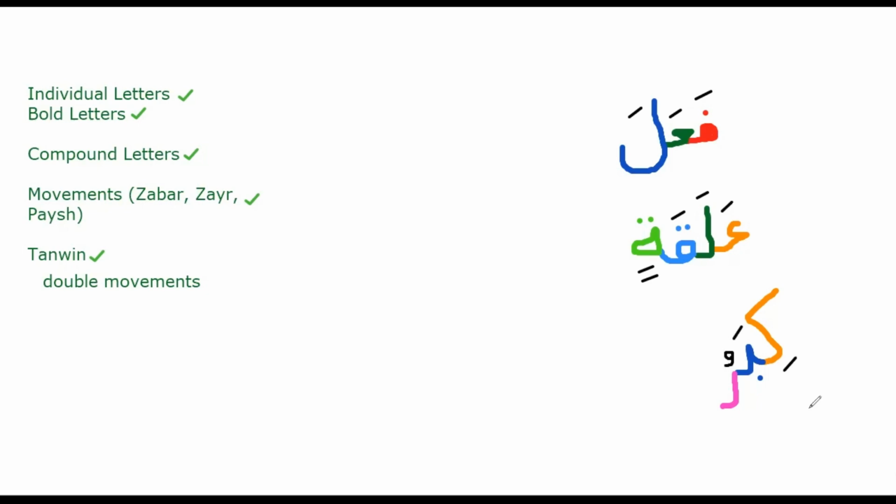We spell: kaf zir ki, ba zabar ba, ki ba, ra pesh ru, kibaru. So if I read these three words, say with me: fa'ala, alaqatin, kibaru. So let's practice from the lesson.